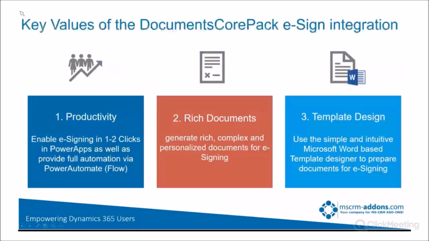Moving on, let's talk about some of the key values of the DocumentsCorePack e-signing integration. One of the things to note is that we do integrate with the major three e-signing tools out there right now: DocuSign, Adobe Sign, and AssureSign. The first thing is, it's going to help you out with your productivity.